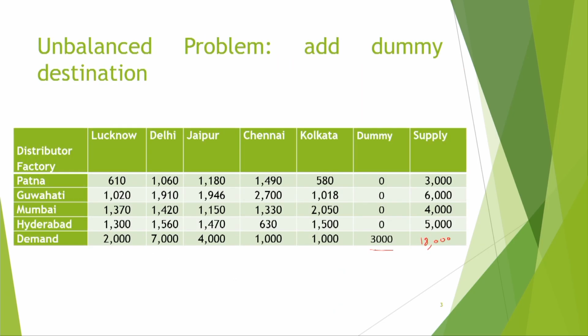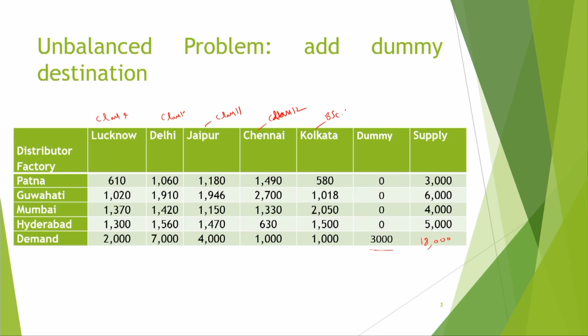Suppose these are Patna, Guwahati, Mumbai, Hyderabad, which may be coaching institutes, and instead of Lucknow, Delhi, Jaipur, Chennai, Kolkata, they may be students of class 9, this may be class 10, this may be class 11, this may be class 12, and this may be BSc.